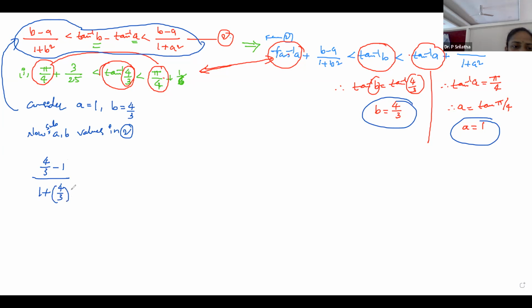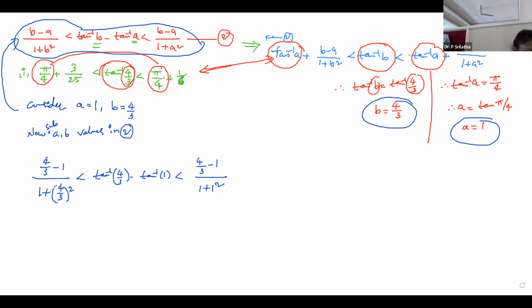So (4 by 3) whole square is less than tan inverse of B, that is tan inverse 4 by 3 minus tan inverse of A, that is tan inverse of 1, is less than B minus A, so 4 by 3 minus 1, divided by 1 plus A square. Now simplify this one.